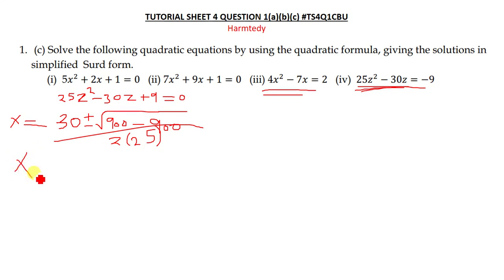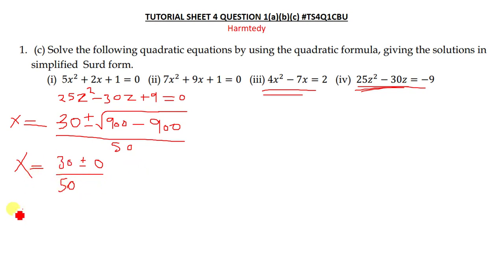So we say x is equal to 30 plus or minus 0. 900 minus 900 will give us 0. Let me write it properly. So 2a is 50. 900 minus 900 will give us 0. So we're just remaining with 30 over 50.